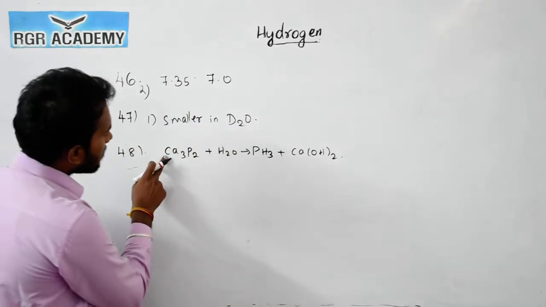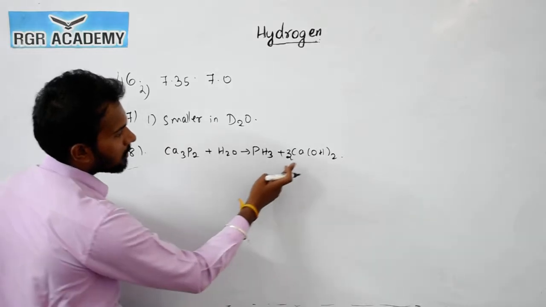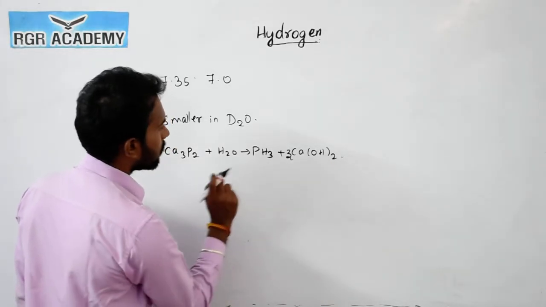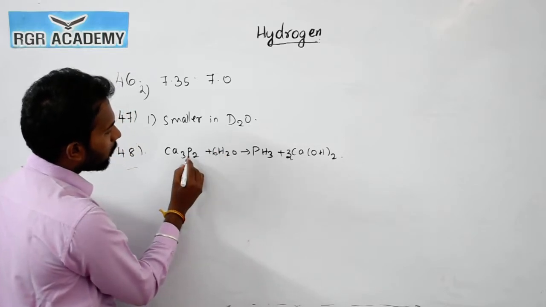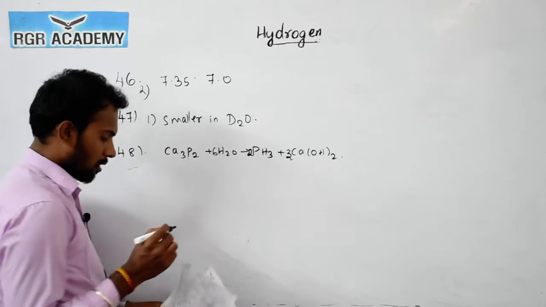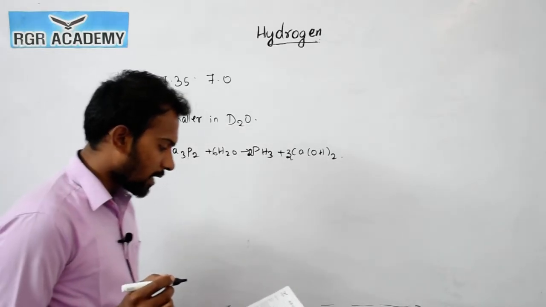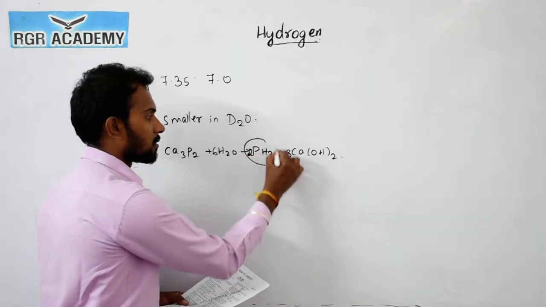Here how many calciums are there? There are 3 moles of calcium. How many oxygens? There are 6 oxygens, so 6 H2O, 12 H2O here. How many moles of hydrogen here? There are 2 moles. So 1 mole of calcium phosphide gives 2 moles of phosphine is the right answer.